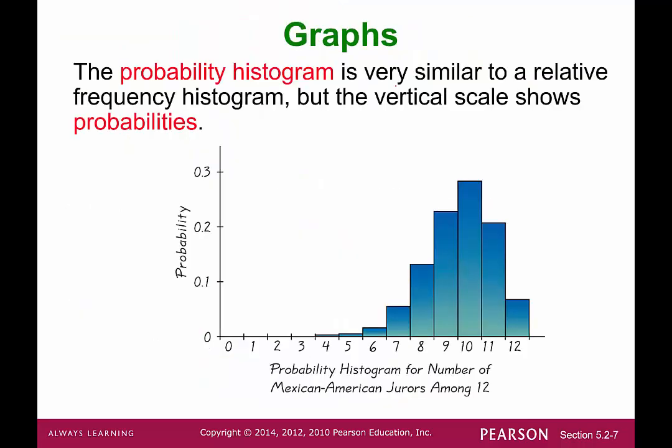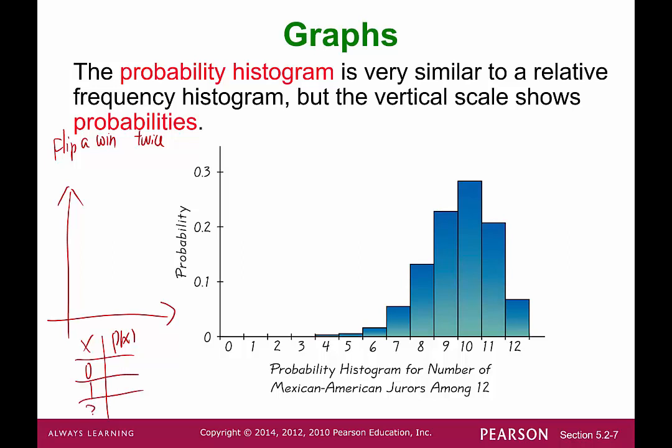Now this is the probability histogram. If you create a histogram from the earlier example of flipping a coin twice, we have the table here: 0, 1, 2, with probabilities 0.25, 0.5, and 0.25. So here we could create a probability histogram.